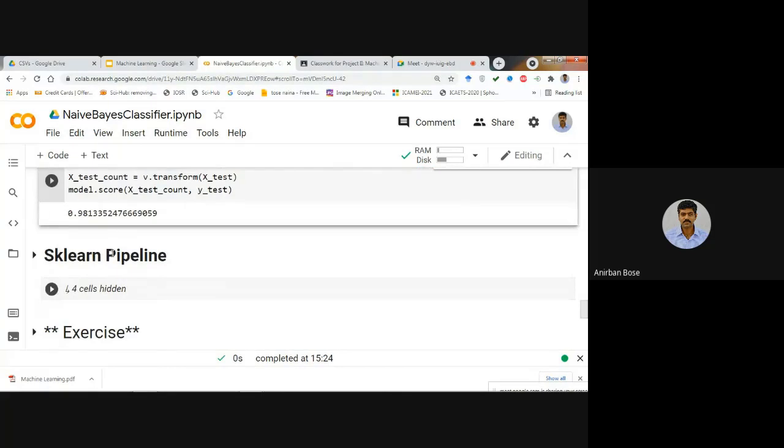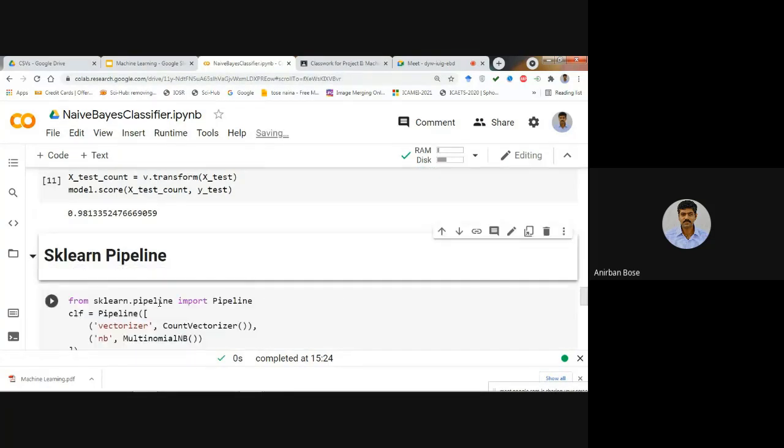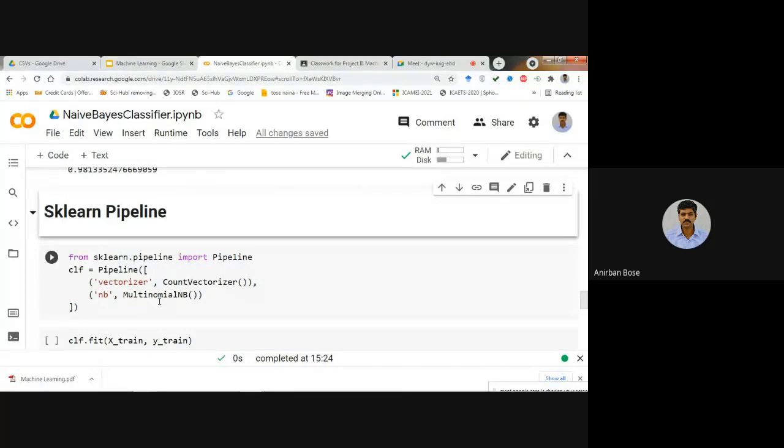Now, I also told you that we can use sklearn pipeline. So pipeline here, you can see the basic idea is, sorry.